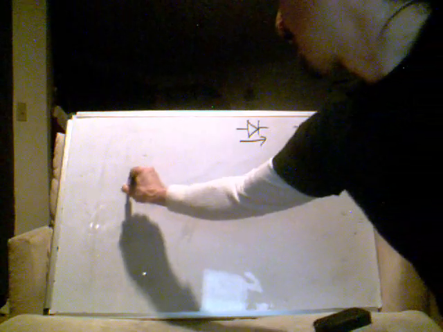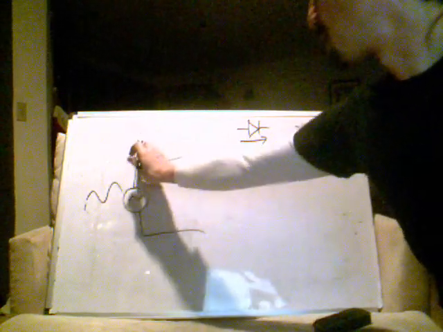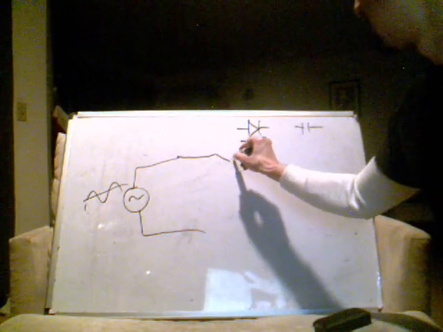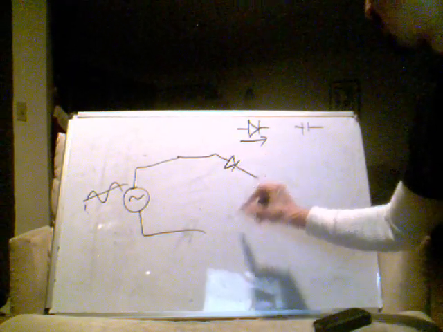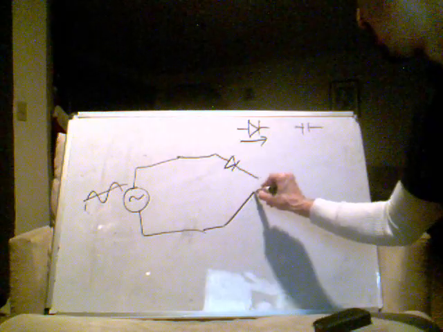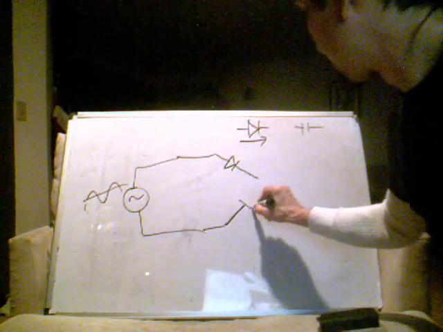That'll be important later. So, let's say we have over here an AC voltage source. That means sometimes the current is going to go this way, right? Because it's like a wave. Sometimes it's going to be positive and go this way, and when it's negative, it's going to go this way. Okay? All right. Now we're going to make a nested system of diodes. A bank, if you will.